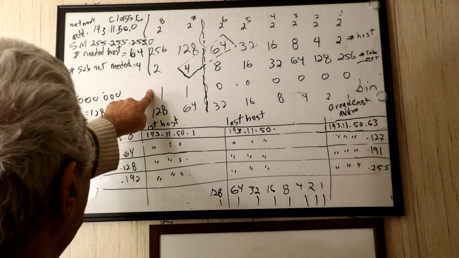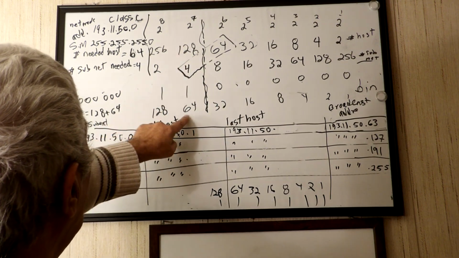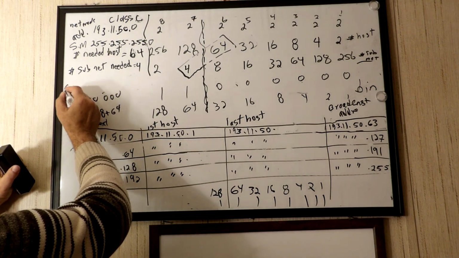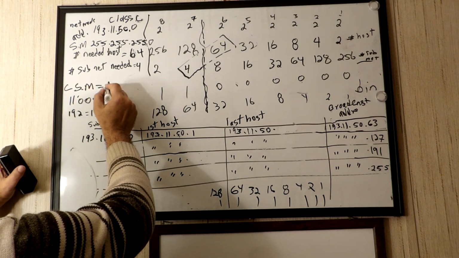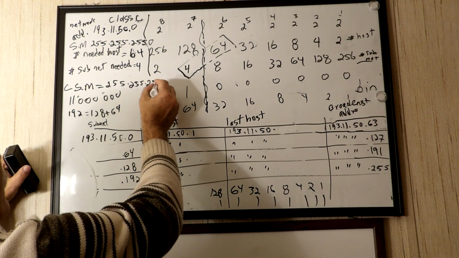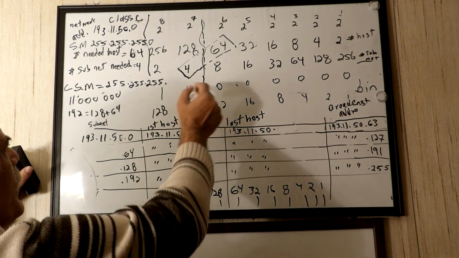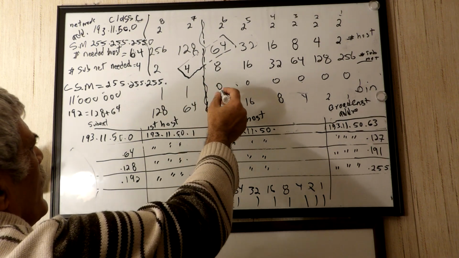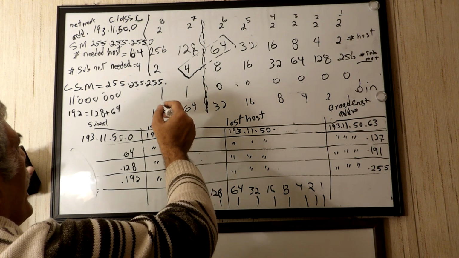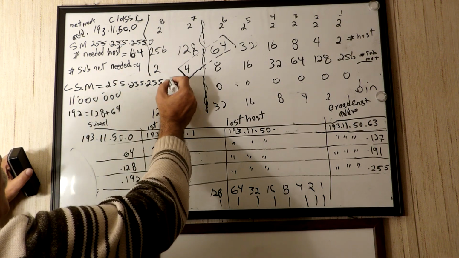If we say 2 bits borrowed, it means the same thing. So the custom subnet mask is going to be 255.255.255 and what? 128 plus 64 is going to be 192. If there were 3 bits here, you would add this one to get 224. So the custom subnet mask is 192.